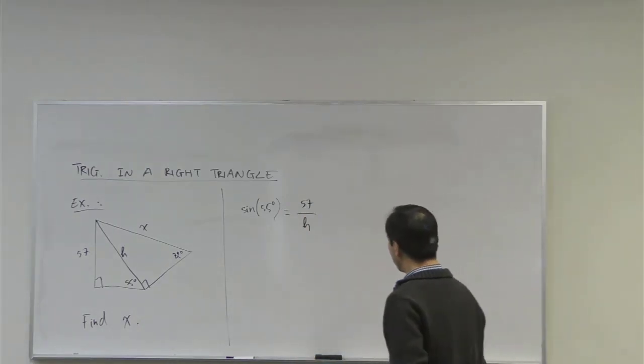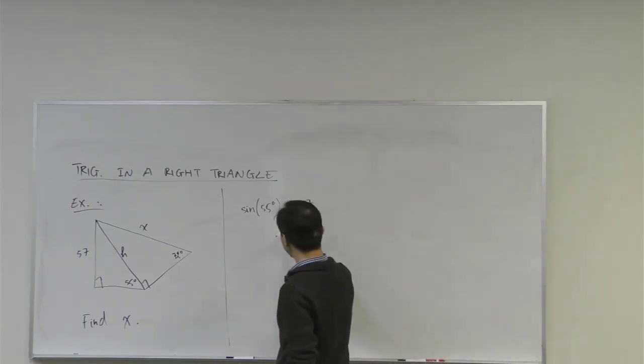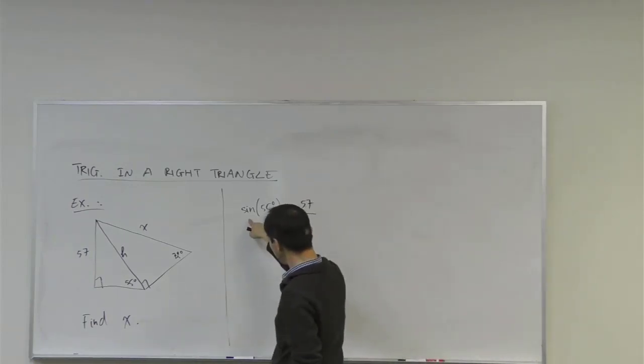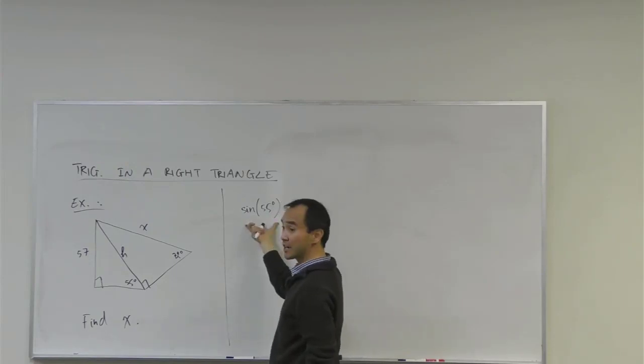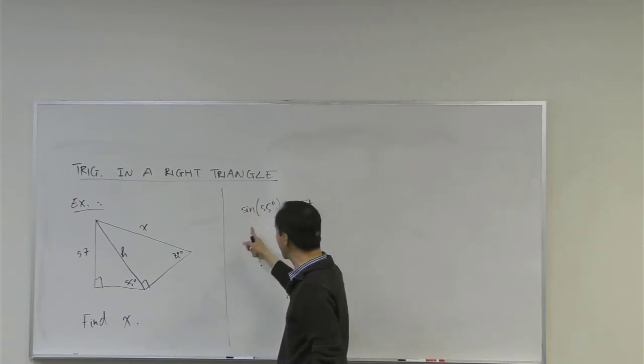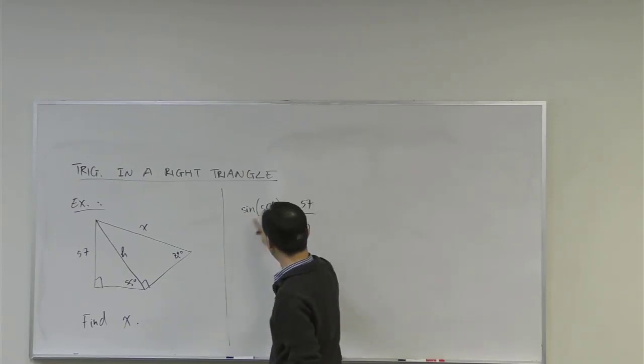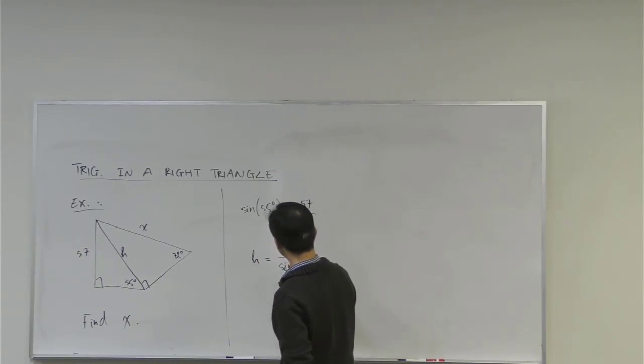From here, I can rearrange my equation, and keep in mind the quantity sine of 55 degrees is a known quantity. We just didn't pull out a value yet, it's a matter of punching it into the calculator. Having this known value and this known length 57, I can rearrange this equation to make h equal 57 over sine of 55 degrees.